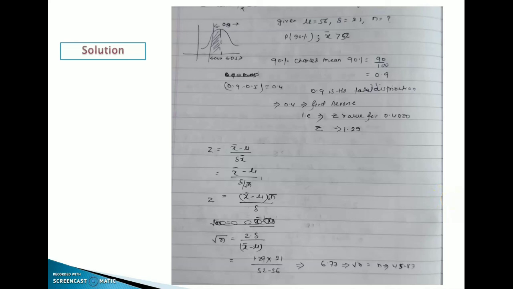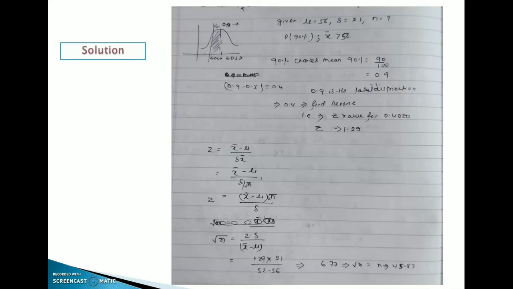By putting in the respective values, we get the square root of n is equal to 6.77. By squaring both sides, we get the value of n as 45.83. So here the sample size is 45.83.